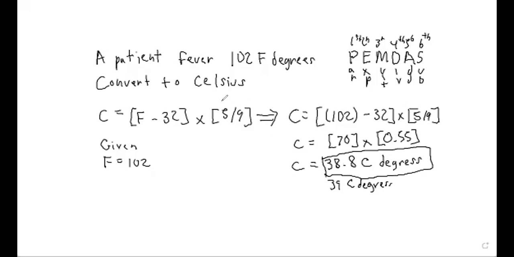So let's quickly go over our procedure. The question said a patient's fever is 102 degrees Fahrenheit, right? Convert to Celsius. And then we went to our list, we clicked on a link that we provided in our HESI session, and we found the formula to convert Fahrenheit to Celsius, right?